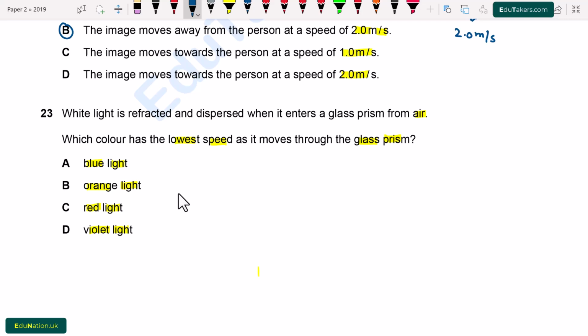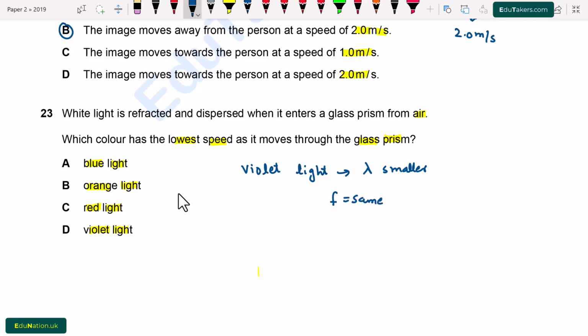As we know, the red light has the largest wavelength, while the violet light has the smallest wavelength. I write here, violet light, wavelength is smaller. As the white light enters the glass prism, the frequency remains the same.